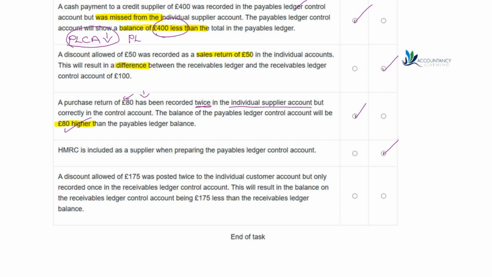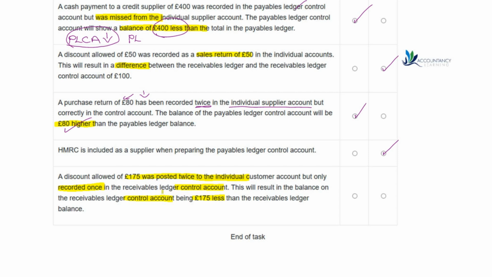And then finally, to end this task, a discount allowed of £175 was posted twice to the individual customer account, but only recorded once in the receivables ledger control account. This will result in the balance on the control account being £175 less than the receivables ledger balance. The discount has been posted twice to the subsidiary account, so 350 discount in the subsidiary ledger, but only 175 in the control account.